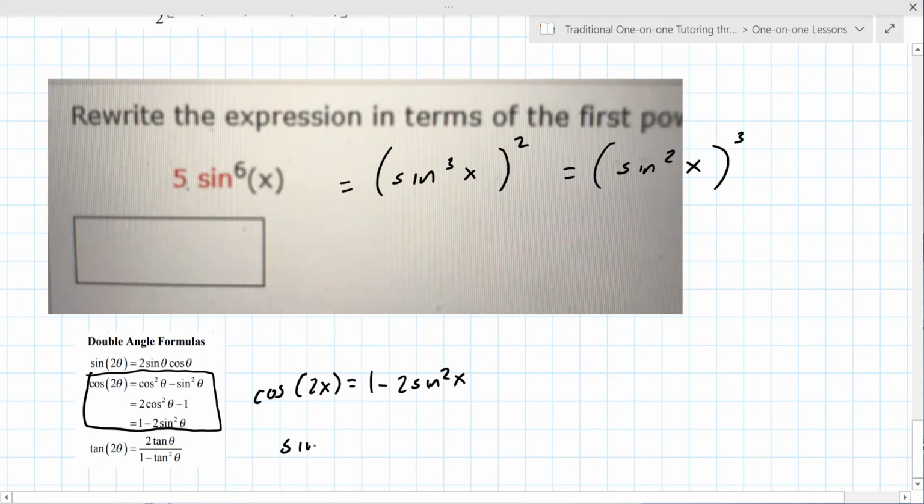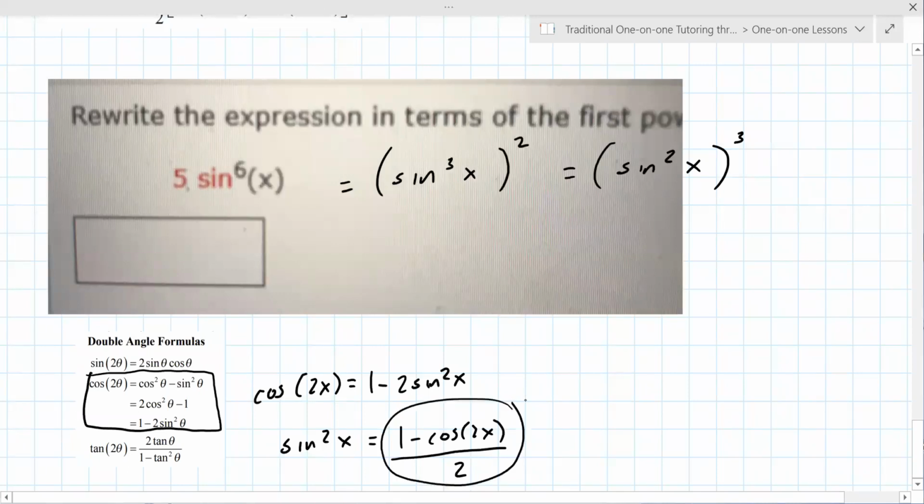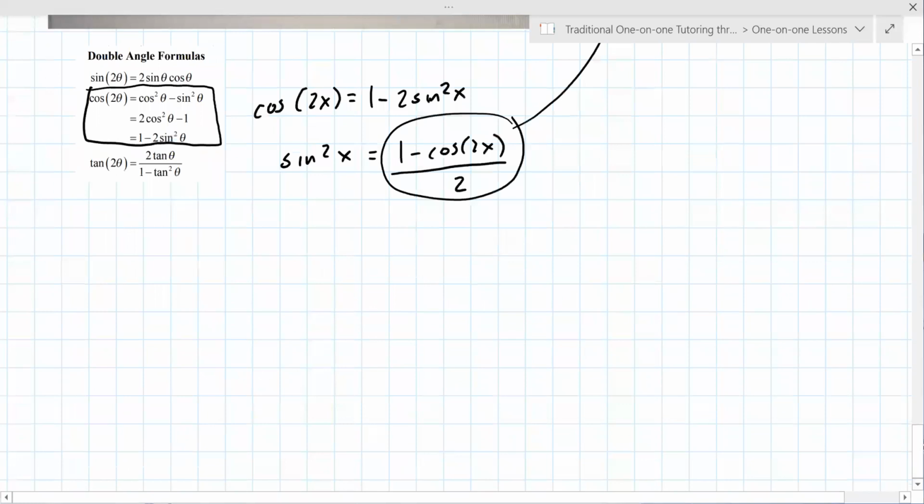So in short, sine squared x equals 1 minus cosine 2x, all divided by 2. And this right here, we can replace in here. Now we can do something. It's 1 minus cosine 2x over 2 all to the power of 3.